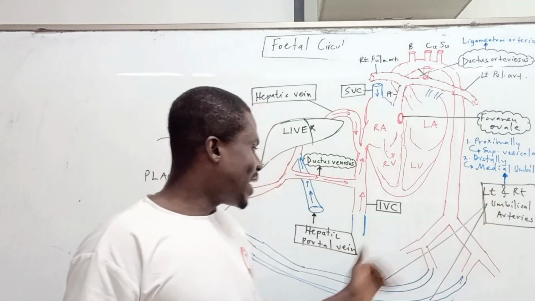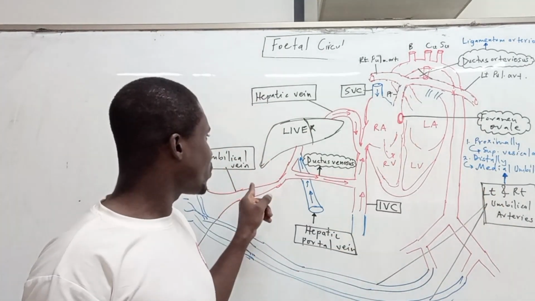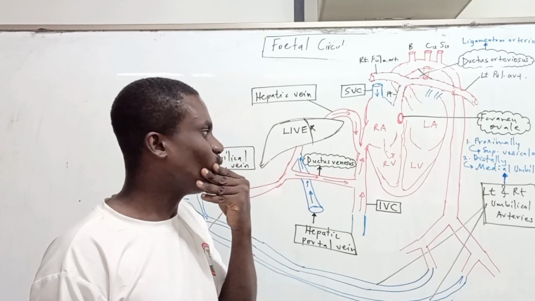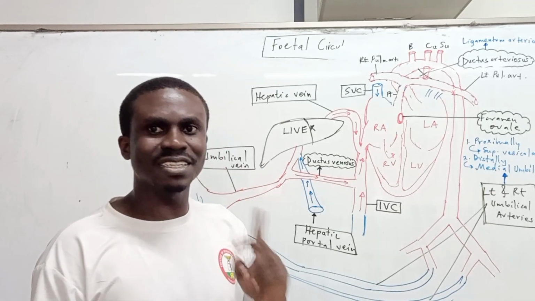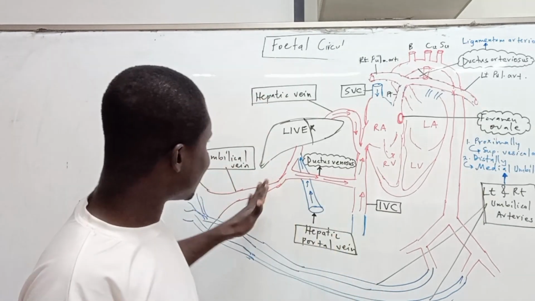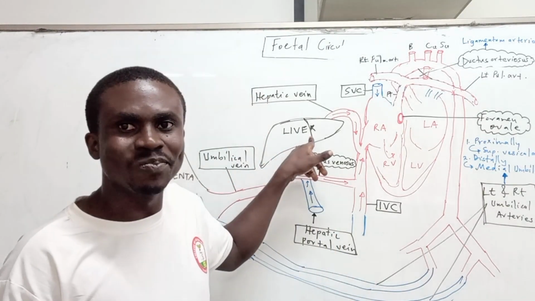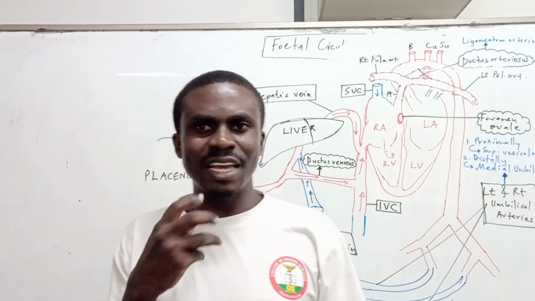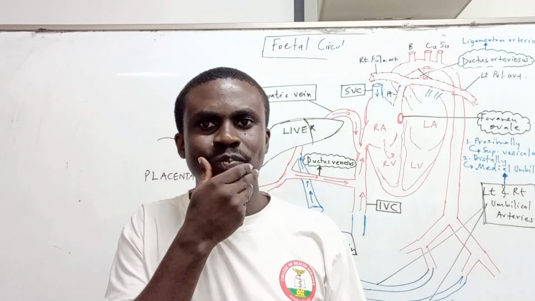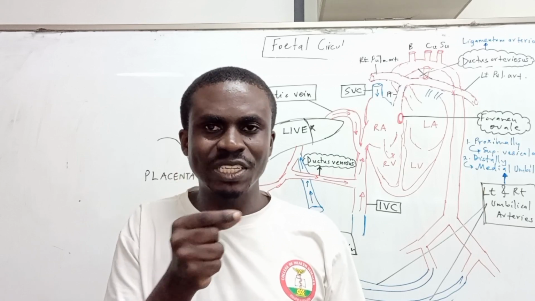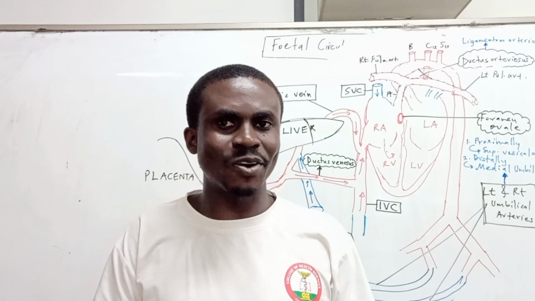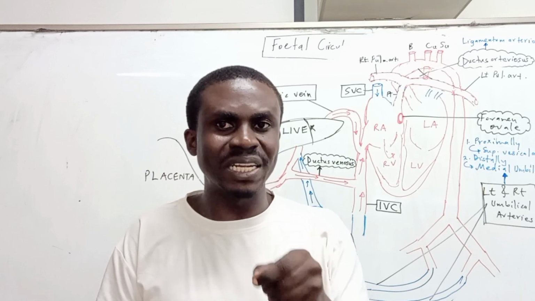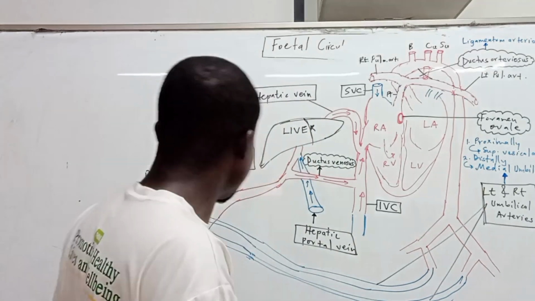Now, the next thing is that we saw a vein, a single one, the left umbilical vein. Look at it, it's going towards where the liver is, so it has something to do with the liver. It has to do with one ligament of the liver, found in the lower free margin of the falciform ligament, which we call the round ligament of the liver, ligamentum teres hepatis.